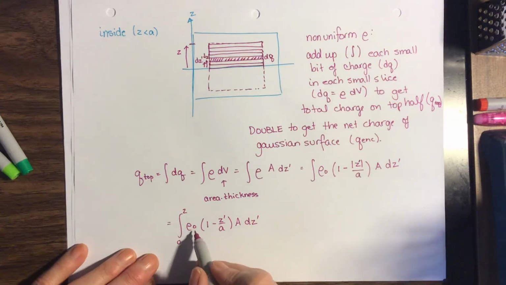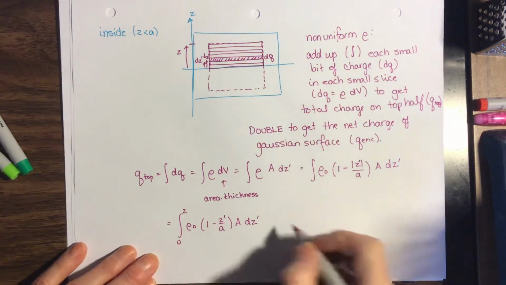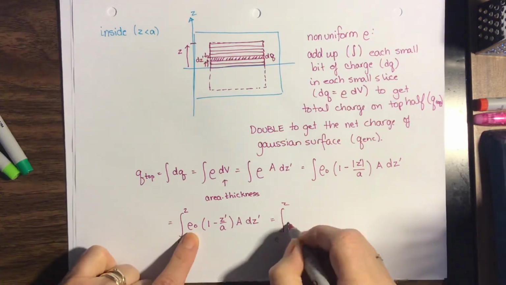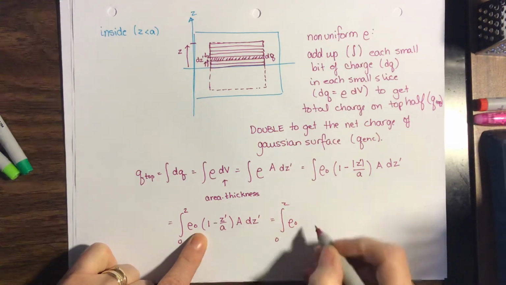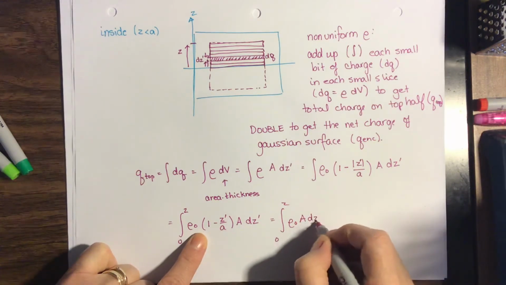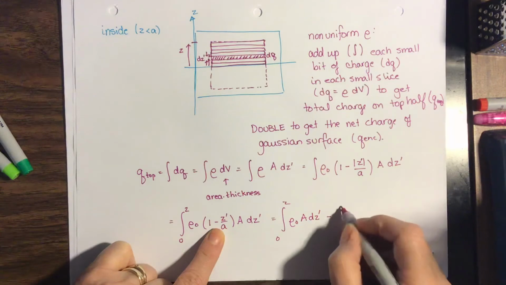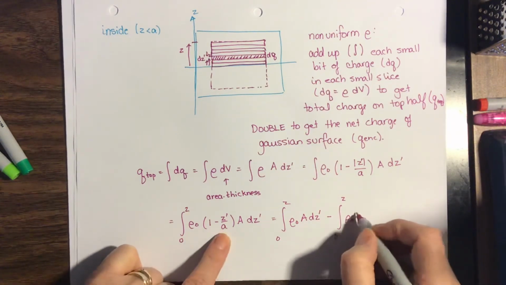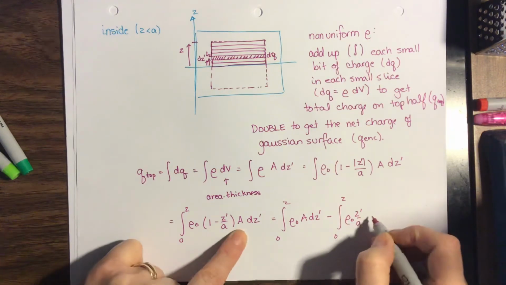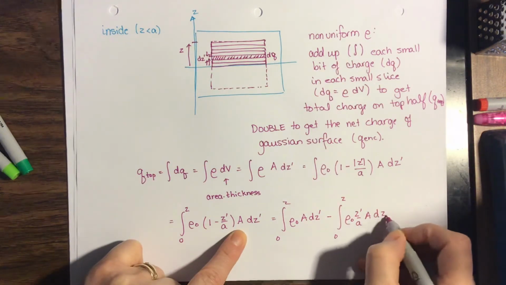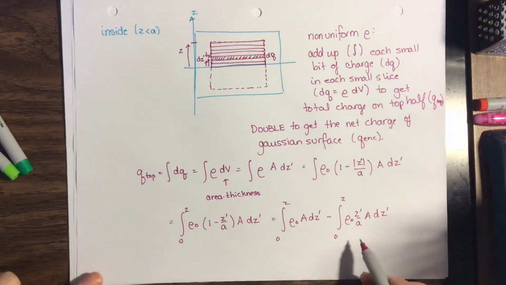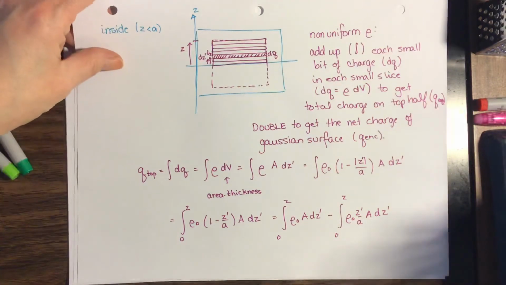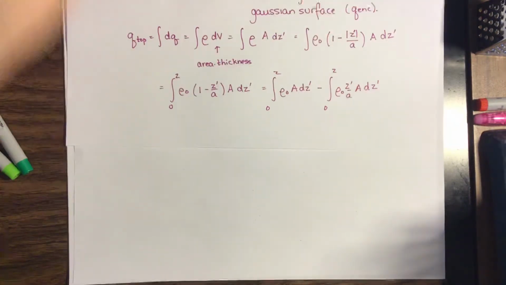So now to do my integral, I suppose I'll break this up into two integrals. The first one is from 0 to z of rho naught times 1 times dz primed. Then I'm subtracting the integral from 0 to z of rho naught times z primed over a times dz primed. Okay, this is a bit of a hassle to write down, but it's not truly a difficult integral to do. Let's keep going.